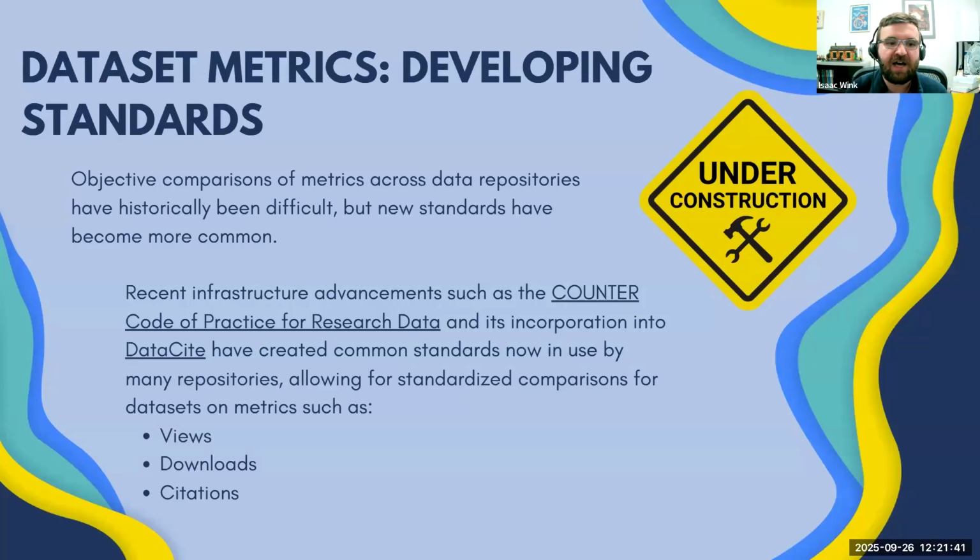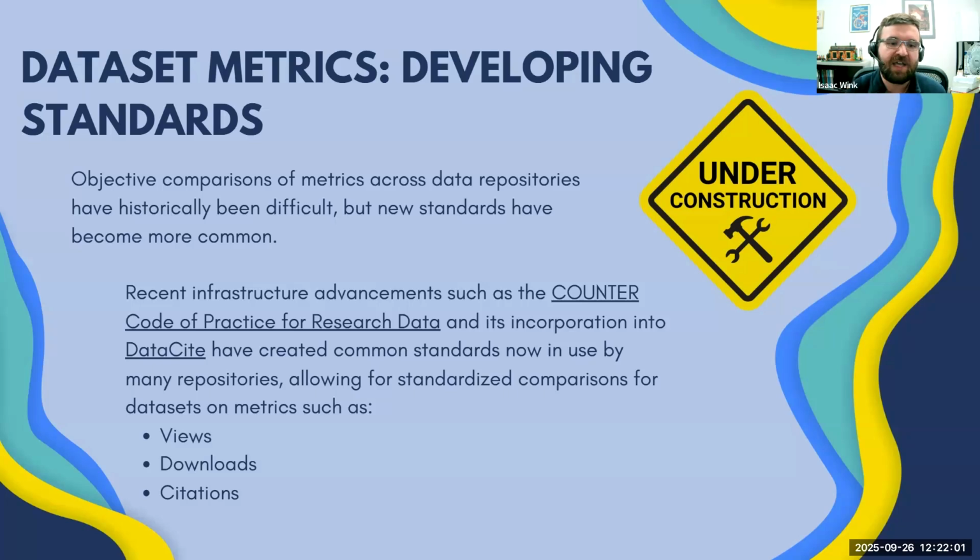And what that means is that a lot of these repositories do now, in fact, have some of these common standards that allow for these standard comparisons. So you could, for example, view the number of downloads or views on a Dryad data set in the same context as you could another repository such as Zenodo.